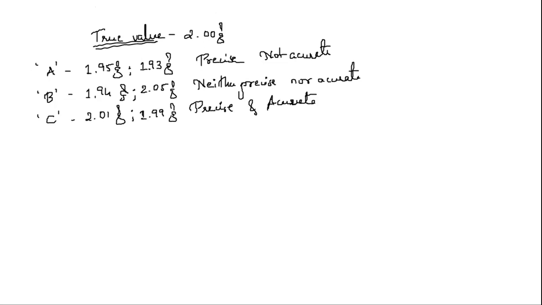I'll give you one more set of experiments. You can look at the example. There are three people, A, B, and C. They have to perform an experiment where the true value is 10 liters. They will perform three readings each.